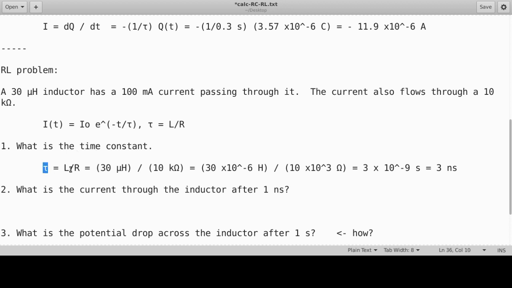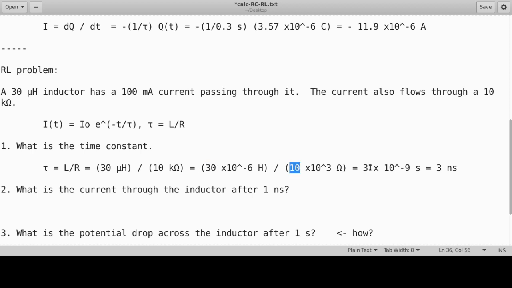What's the time constant? Tau is equal to L over R. That's 30 microhenries divided by 10 kilo ohms. Micro is 10 to the -6, so it's 30 times 10 to the -6 henries, divided by 10 times 10 to the 3 ohms. You could do this in your head.